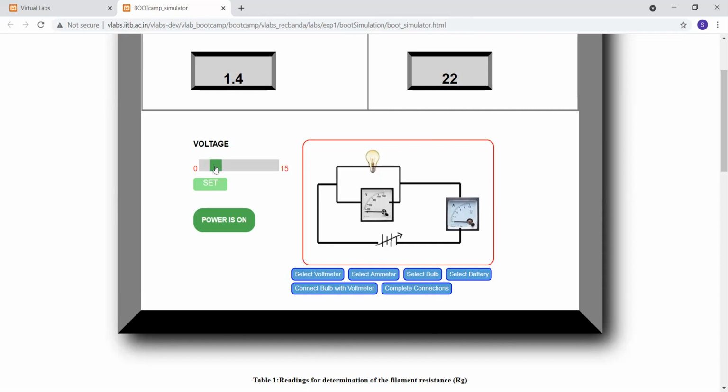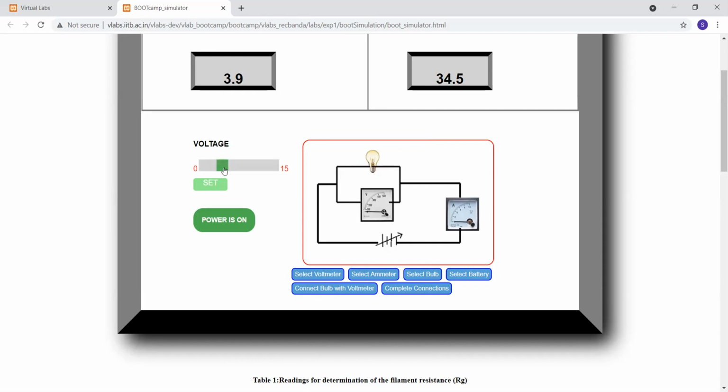Set another voltage, 2.5. The current is 27.5. Set the voltage to another value, 3.9. The current is 34.5.